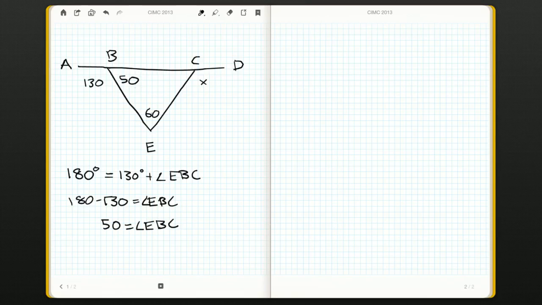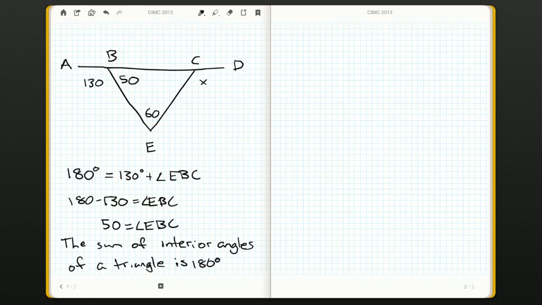And now, having two of the interior angles of a triangle completed, we notice that the third is fair game. So what do I mean by that? The sum of interior angles of a triangle is 180 degrees. So we're going to have another 180 degrees. So 180 degrees, that's going to be 50, this angle right here, EBC, we just figured that out.